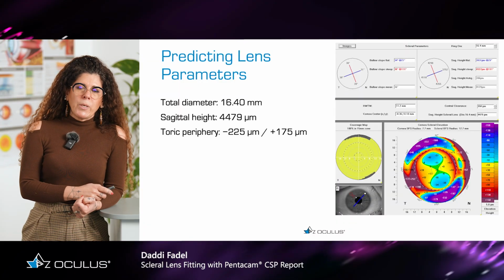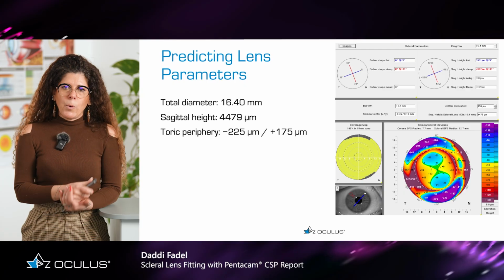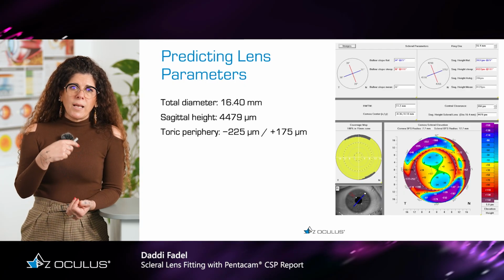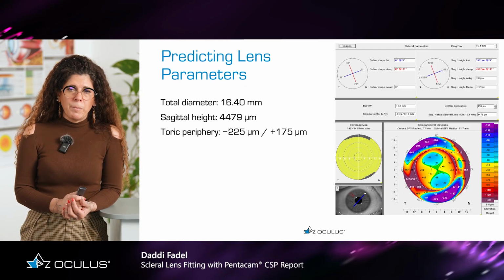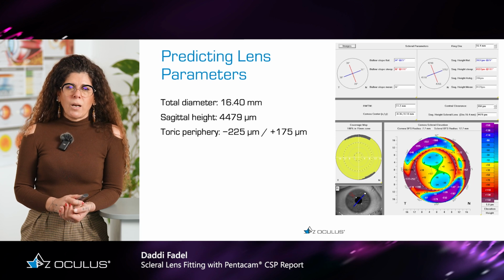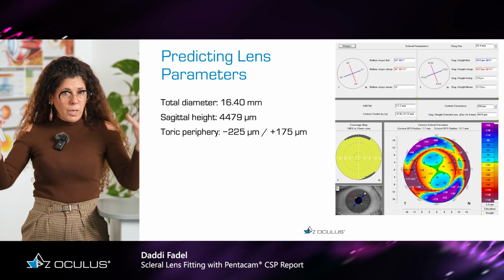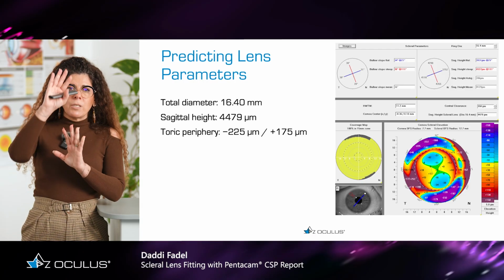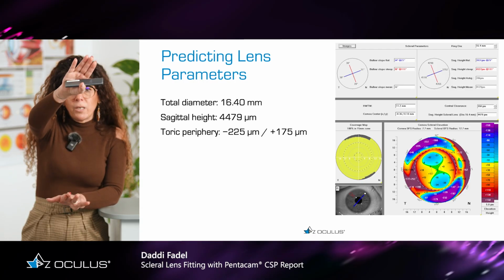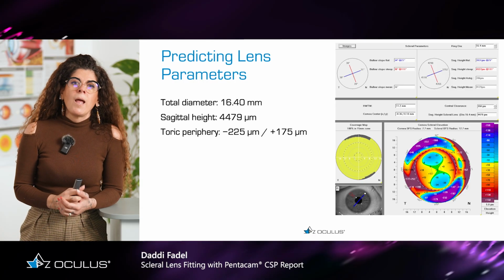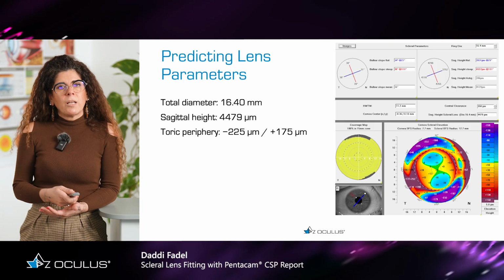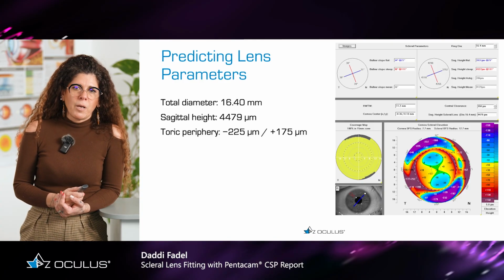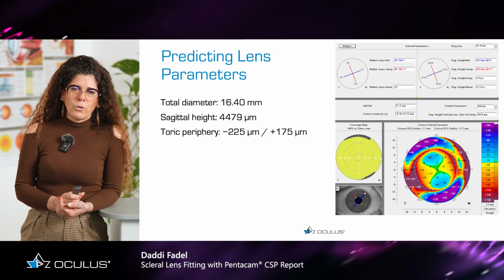What we can deduce from what we just saw is that a scleral lens of 16.4 millimeter needs to have a sagittal height of 4,500 microns, and it needs some toricity: in the vertical meridian you may order minus 225 microns, and in the horizontal meridian plus 175 microns for this ocular surface.